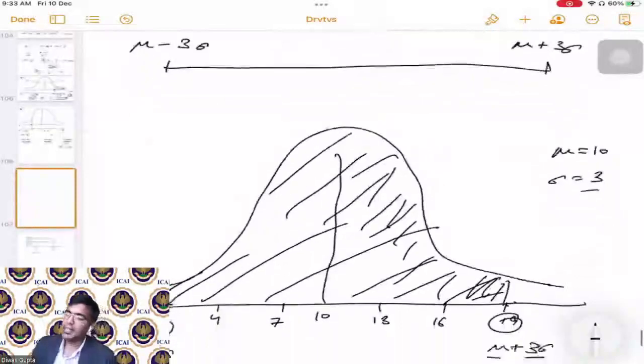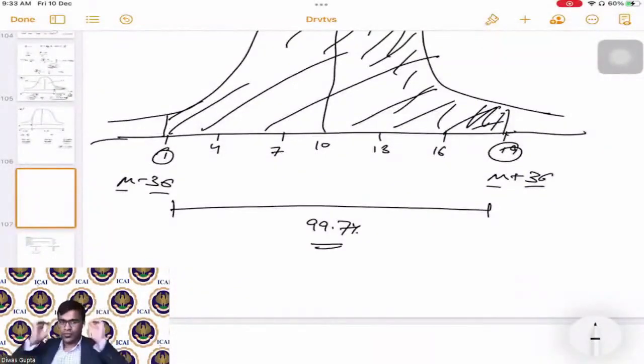That means the majority of the data falls between u minus 3 standard deviations and u plus 3 standard deviations, and hence the probability is 99.7% for this range, correct? This is not the cumulative probability, right? This is just the area between two points. Don't confuse this. This is a probability, not on a cumulative basis.